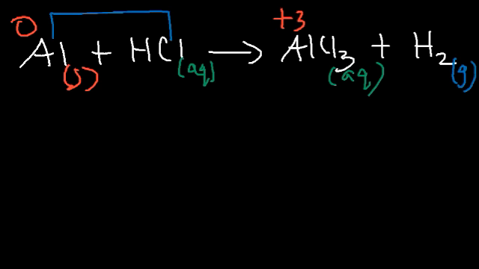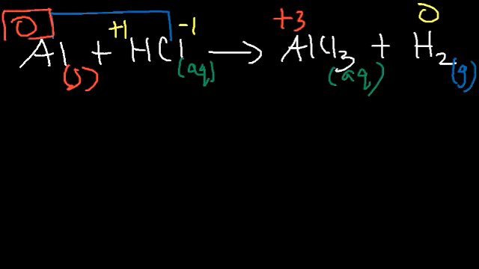Now hydrogen is in the +1 oxidation state because chlorine is -1. Whenever hydrogen is bonded to a nonmetal, it usually has a +1 charge, but when it's bonded to a metal, it usually has a -1 oxidation state or charge. Now elemental hydrogen is 0.